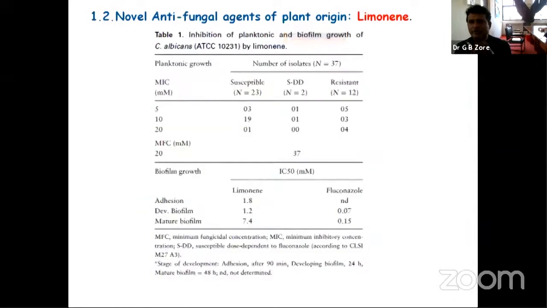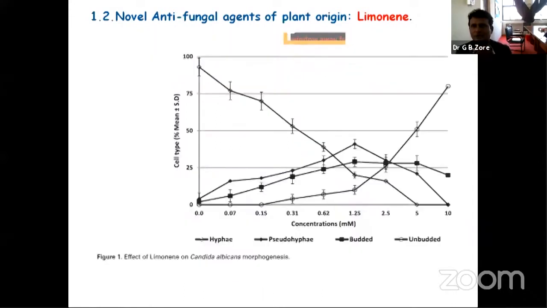As those who know about Candida albicans, it exists in different morphological forms like hyphae, pseudohyphae, budded and unbudded cells. So when you induce that hyphal form growth in the presence of these natural molecules, these plant-derived agents, it has inhibited that hyphal growth, and instead of hyphal form growth, the organism started growing in the budded and unbudded form.